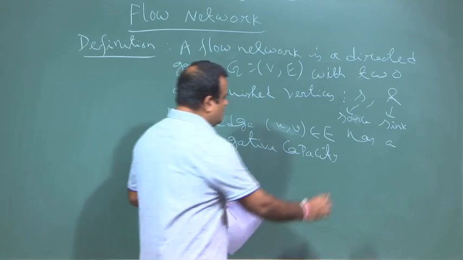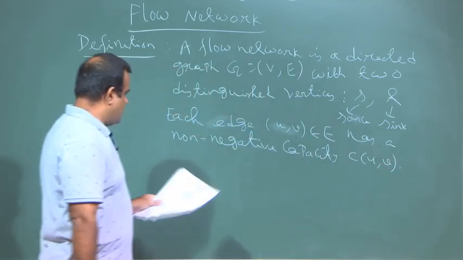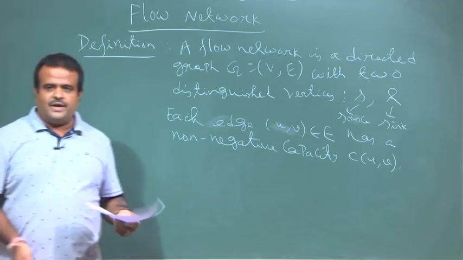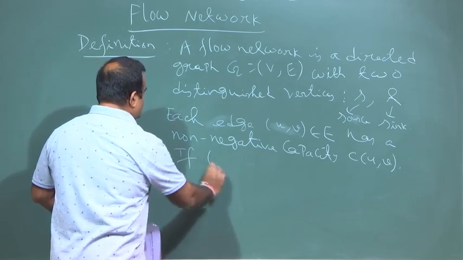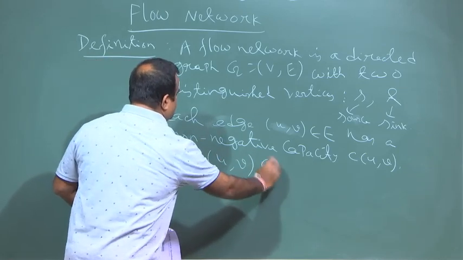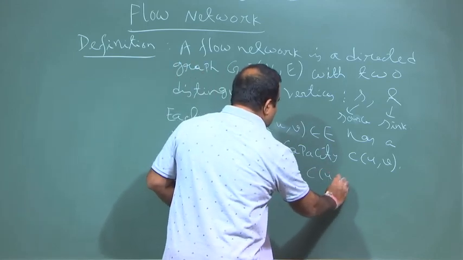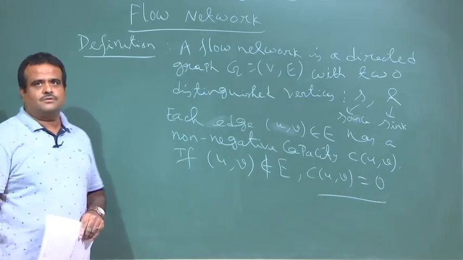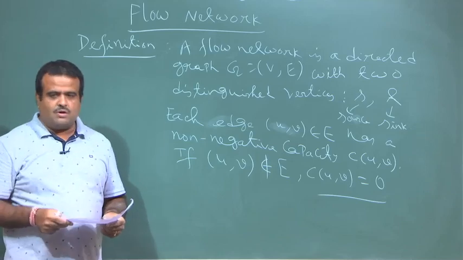Non-negative capacity, that is C u comma v. And if there are two vertices where there is no edge, then we define the capacity to be 0. So, if u comma v is not an edge, then we define C u v as 0. This is the convention. There is no edge, so there is no question of capacity. So, this is called a flow network or flow graph.